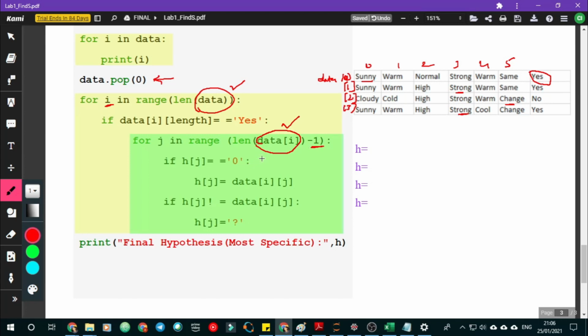Now I am in the inner loop. I need to check the first condition. What is the first condition? I need to check whether the hypothesis has any null value.